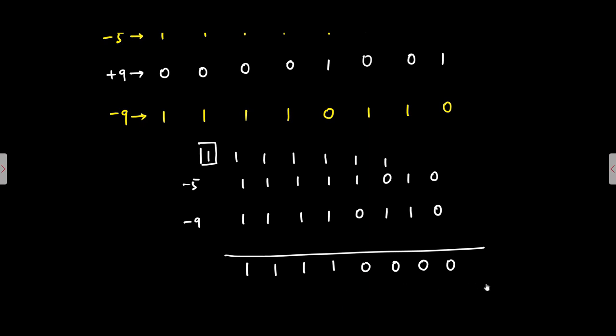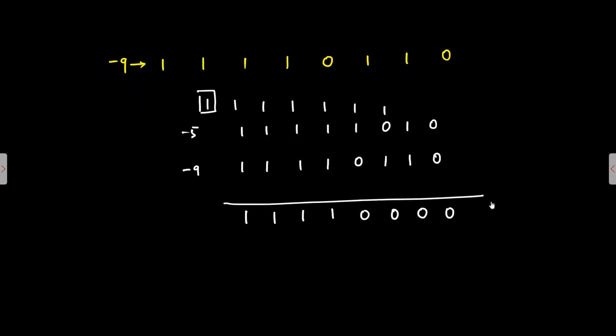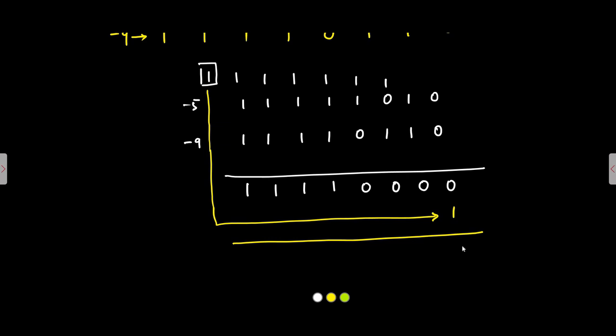That is the concept in 1's complement. Always remember that in 1's complement, the final carry which is generated is added to the LSB of the result. So we have 1, 0, 0, 0, 4 1's.